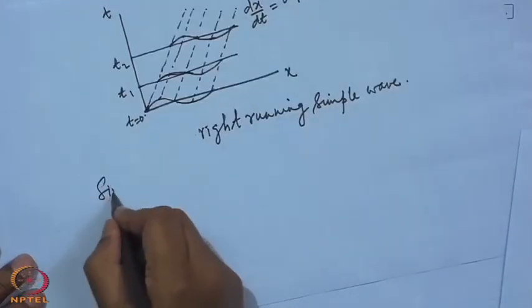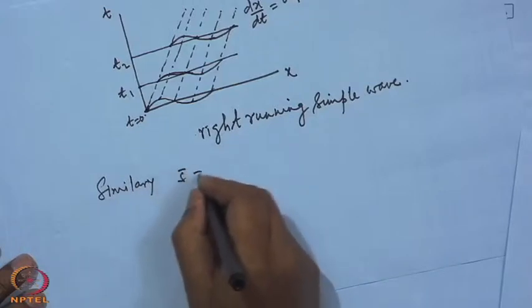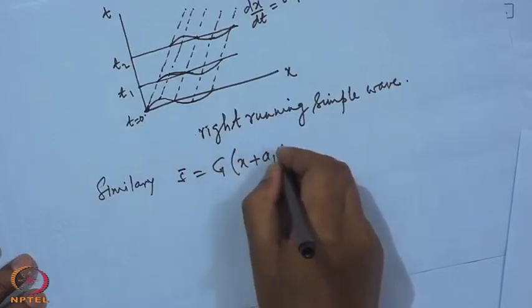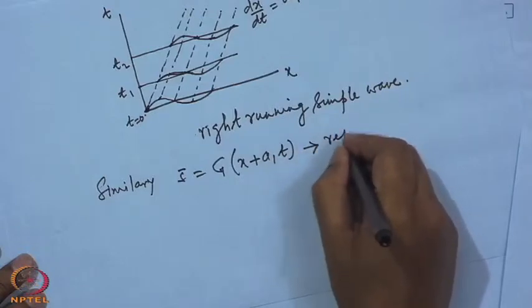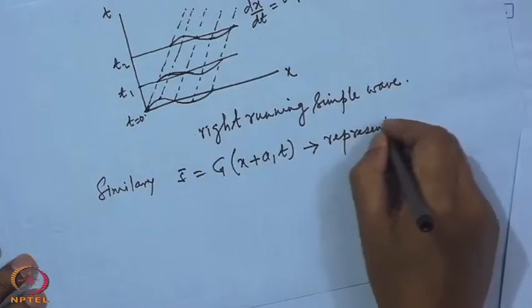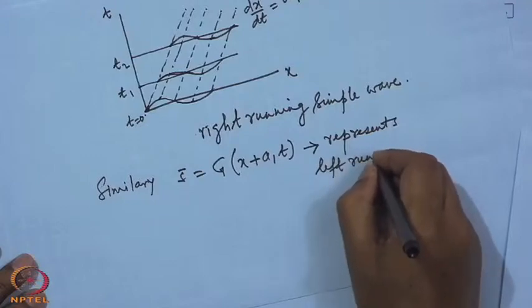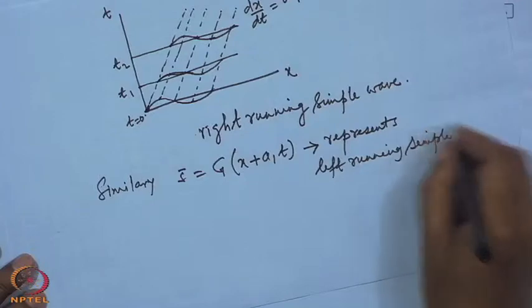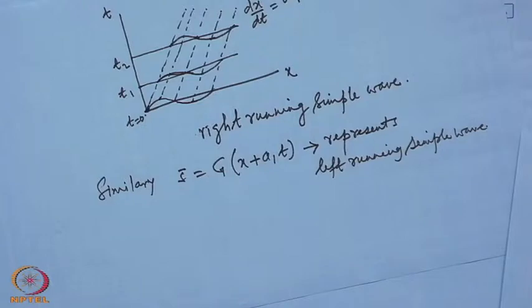Similarly, the other part of the solution, g of x plus a 1 t, represents a left running simple wave. That is, in this case the wave is propagating to the left with speed a 1.